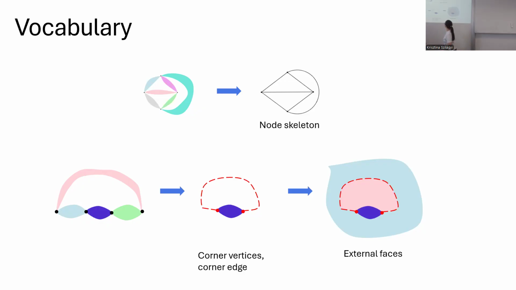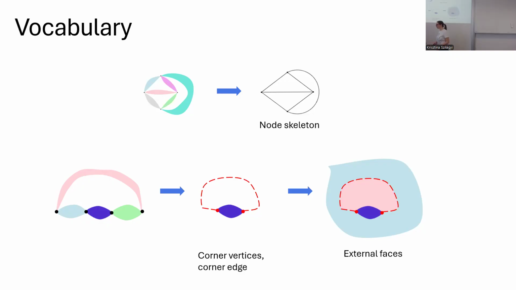And the edge between these corner vertices, which we call the corner edge, is the edge that represents the rest of the graph. So the rest of the graph, from the point of view of this component, is just something that will be on this dotted edge.